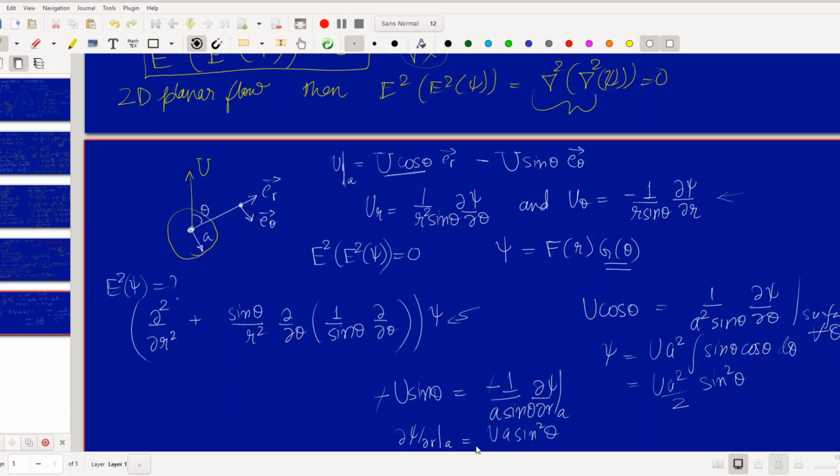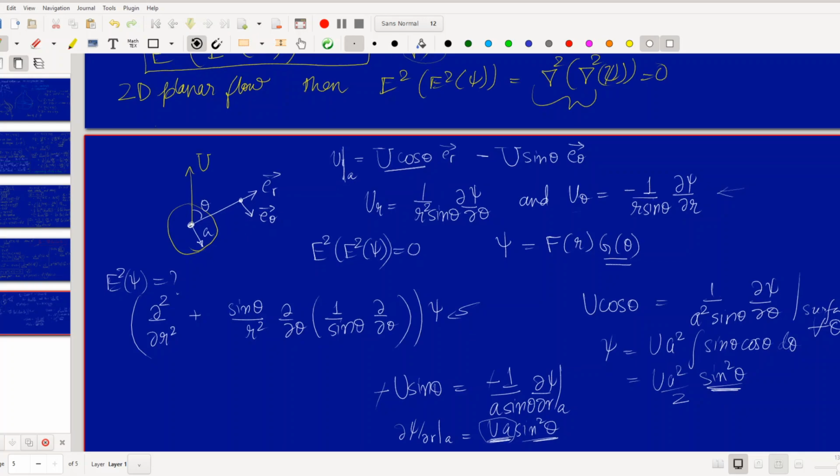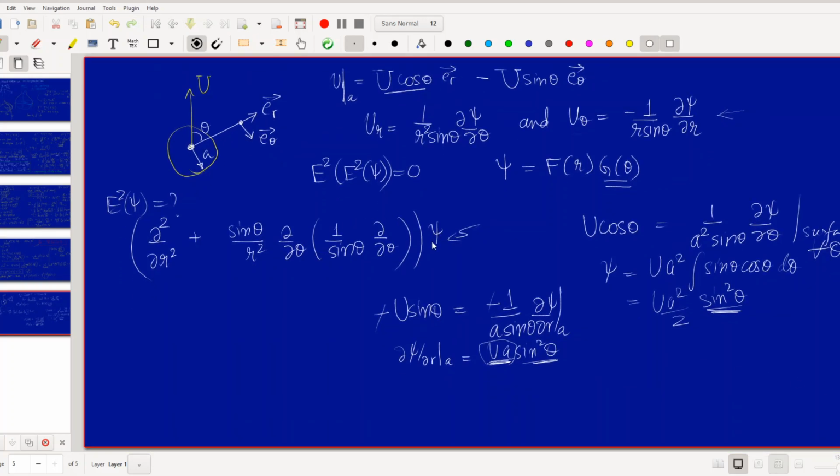So essentially it is some function of r times sin square theta. From both the boundary conditions we see there is a common tie which is sin square theta. So let us assume that the form of psi is capital F of r times sin square theta.